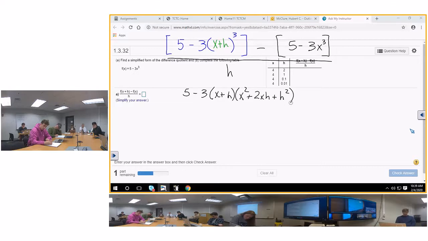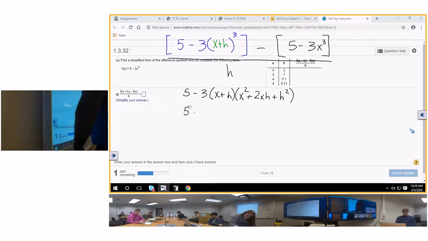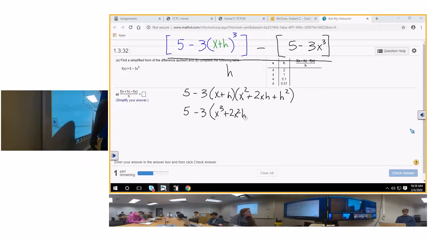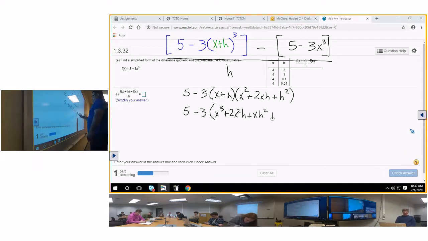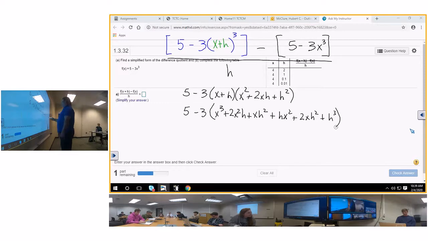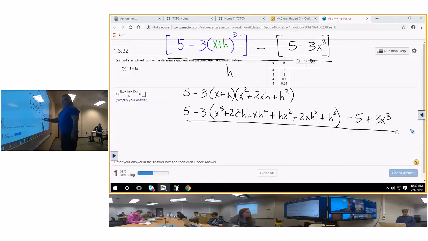And that's going to be 5 minus 3 times x cubed plus 2x squared h plus xh squared plus hx squared plus 2xh squared plus h to the third, minus 5 plus 3x cubed, all over h.